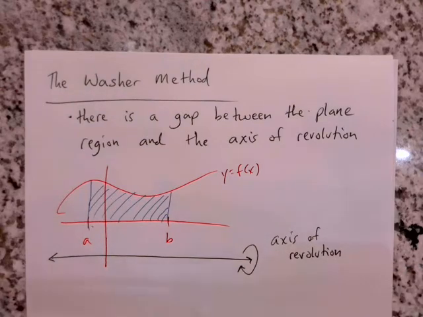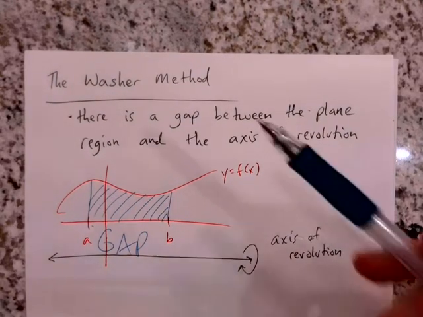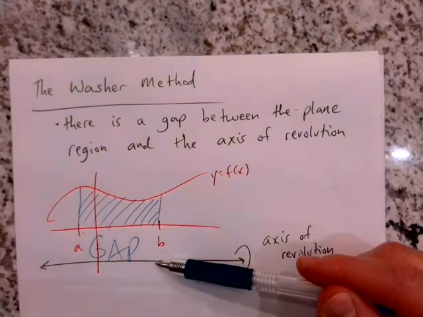As you can see, there's a gap. There's an empty space between the region and the axis of revolution.